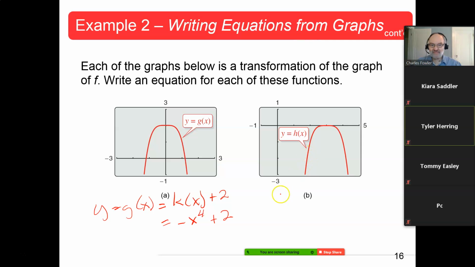How about this one? What would you say h of x is? Starts with the same thing, doesn't it? Starts with a reflection, so that would be a minus f of x, but not just f of x. What else have you done here?